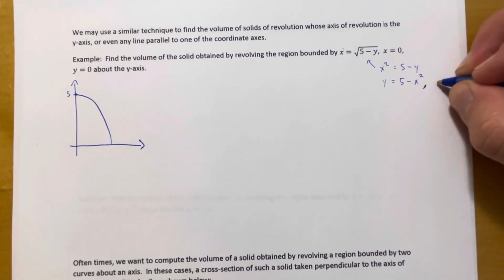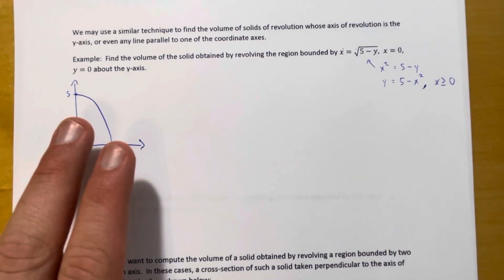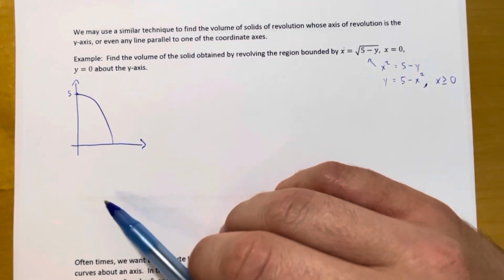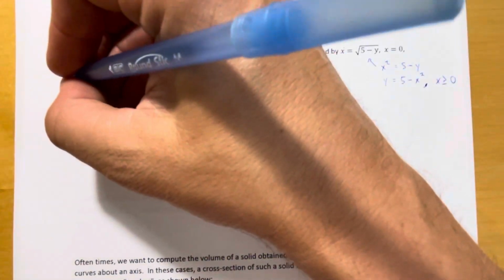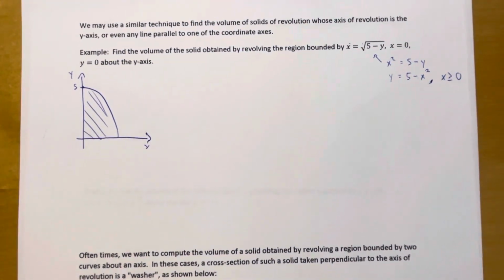So really, I'm going to add an extra condition here that says x is greater than or equal to 0, which means I'm looking at this guy right here. The x equals 0 and the y equals 0 correspond to the y and x axes respectively. So that means that this is the region I'm looking at, okay?